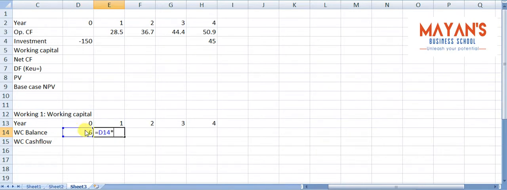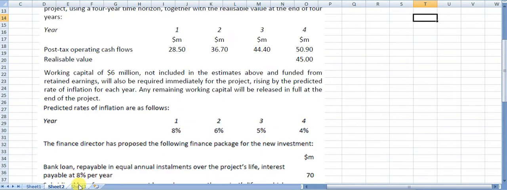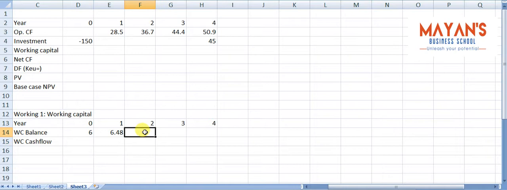So 6 into 1.08. Then this figure into 1.06, this into 1.05, higher.